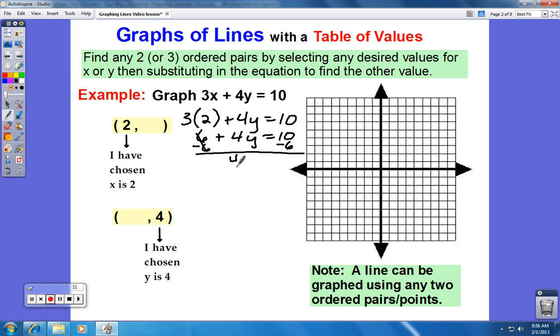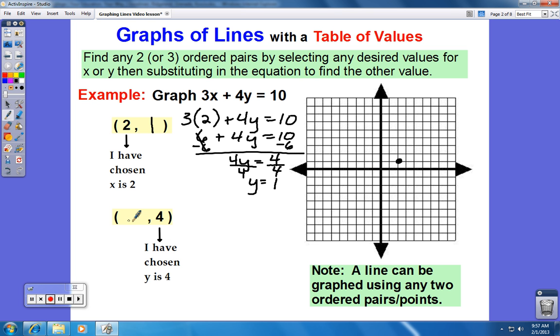That'll give us 4y equal to 4. Divide by 4. That gives us a y coordinate of 1. So what that means is when we're here at x equal 2, our y value is here at 1. That's our first ordered pair that we can use in order to graph this line.